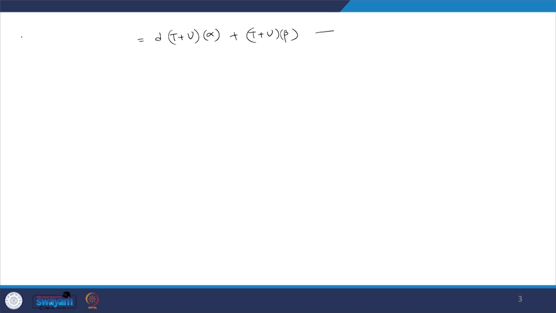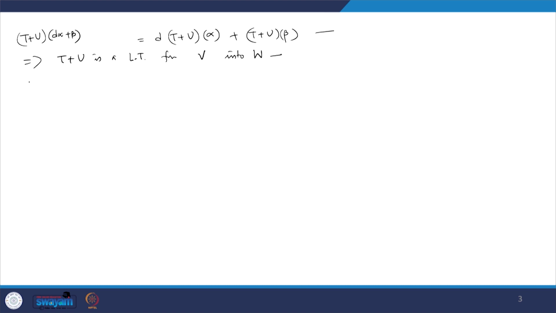I wrote basically T plus U of d alpha plus beta equal to d times T plus U of alpha plus T plus U of beta. So, this implies T plus U is a linear transformation from V into W.